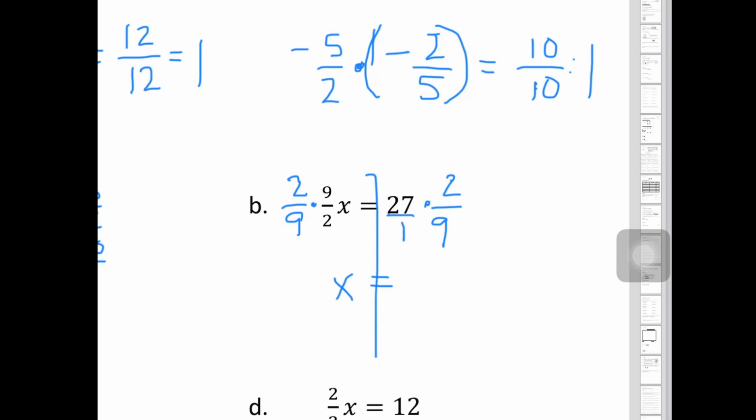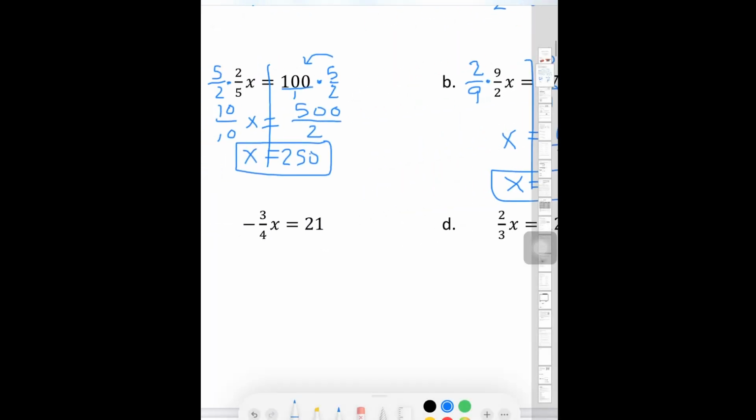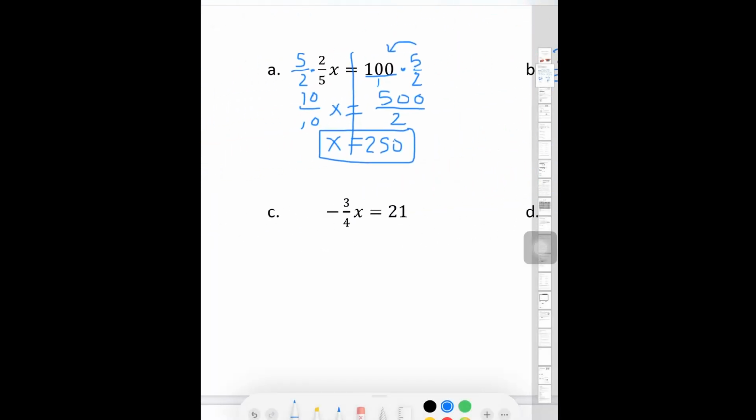And on the other side, we can again multiply straight across and then divide. However, remember cross-canceling. If I divide 27 by 9, I get 3. And if I divide 9 by 9, I get 1, leaving us with 6/1. So we finished up part B. We got x equals 6.